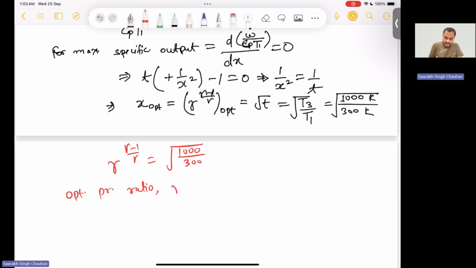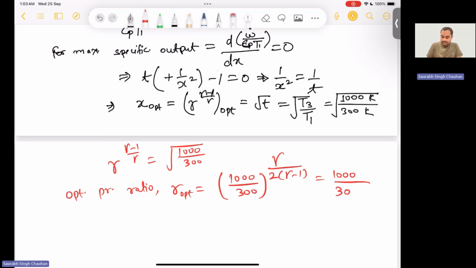We have to find r, so r will be equal to 1000 by 300 to the power gamma into gamma minus 1, and gamma is given to be 1.4.